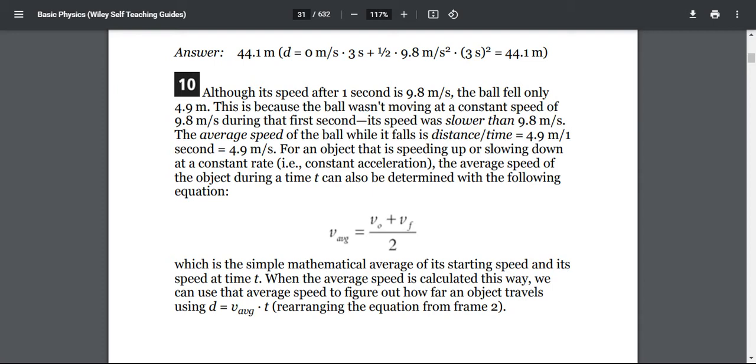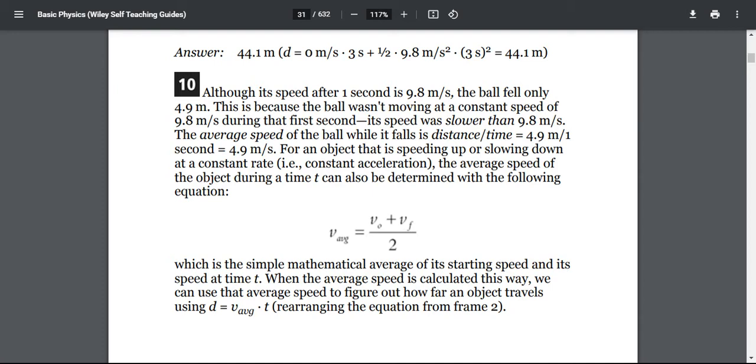What is this equation? This is the equation for finding the average speed of an object with constant acceleration. It is the simple mathematical average of its starting speed and its speed at time t.